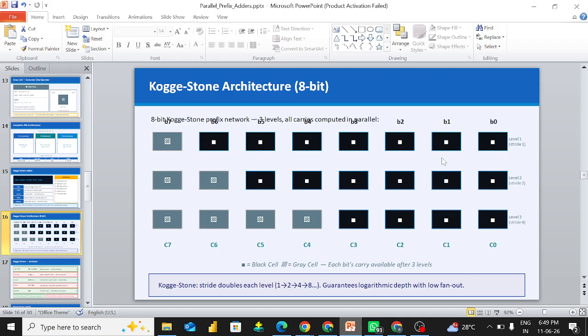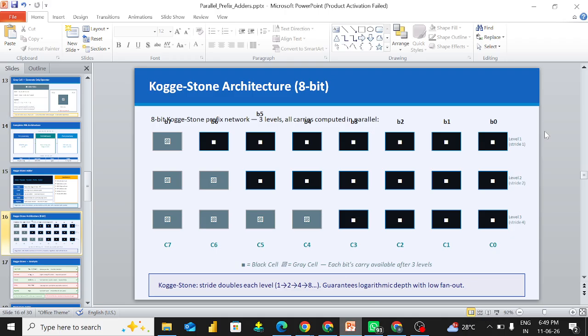Think this is bit 0, bit 1, bit 2, bit 3, bit 4, bit 5, bit 6, bit 7. These are all your bits. You have an 8-bit input and you have separated those bits into bit 0 through bit 7.